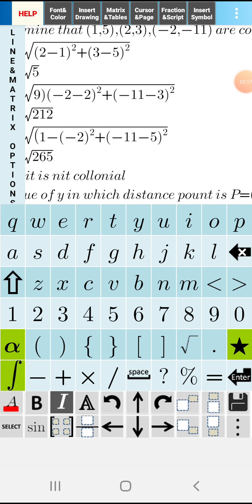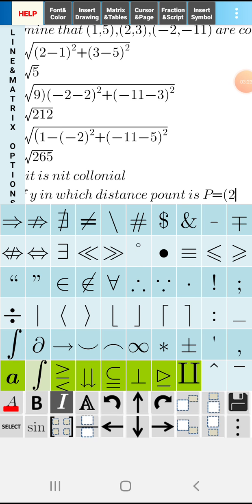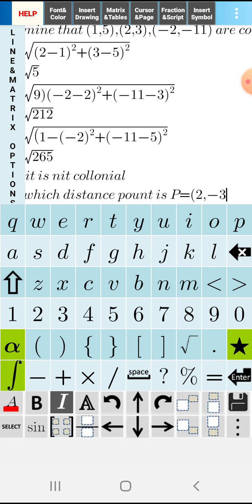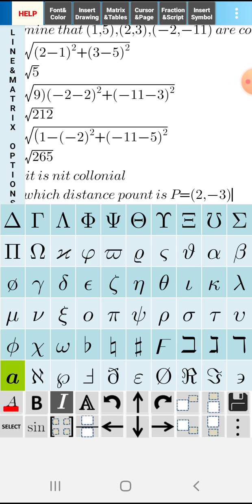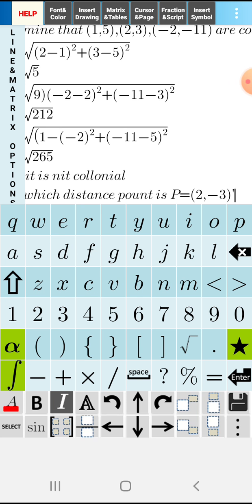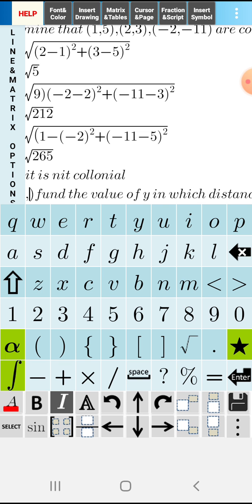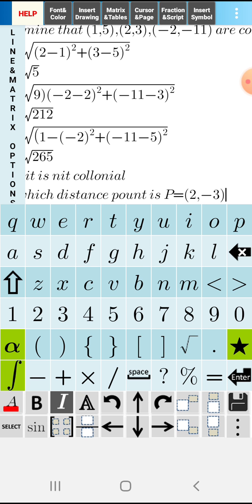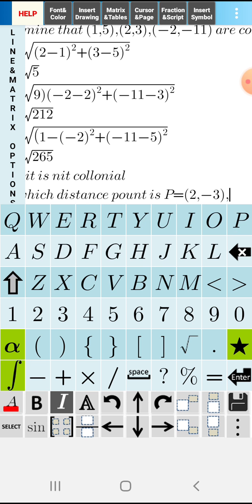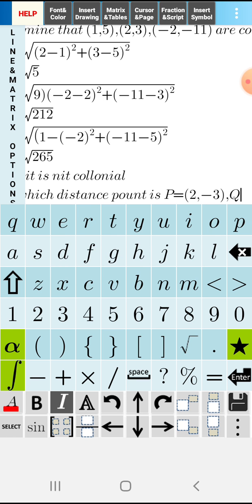P is equal to (2, -3), and Q is equal to (10, y).